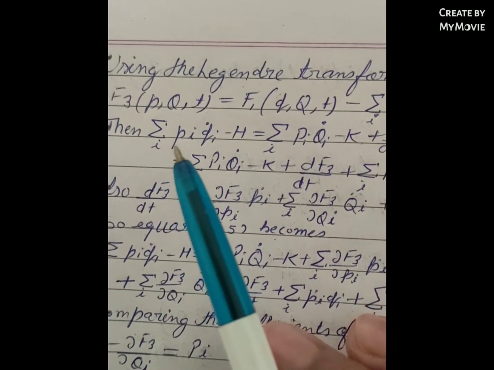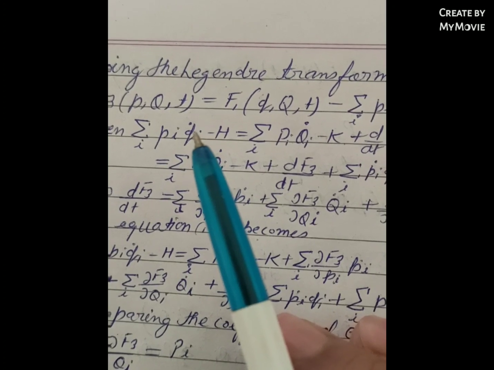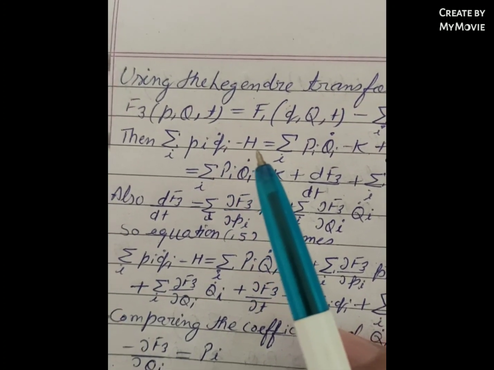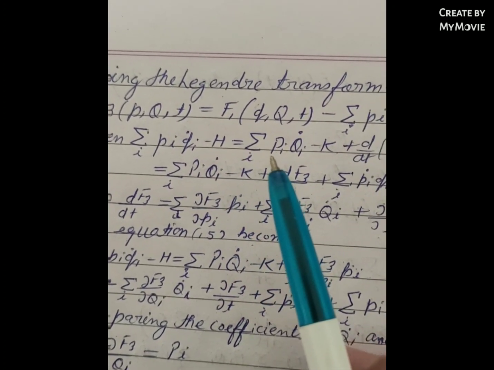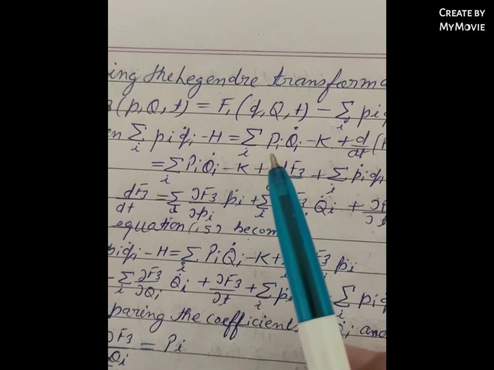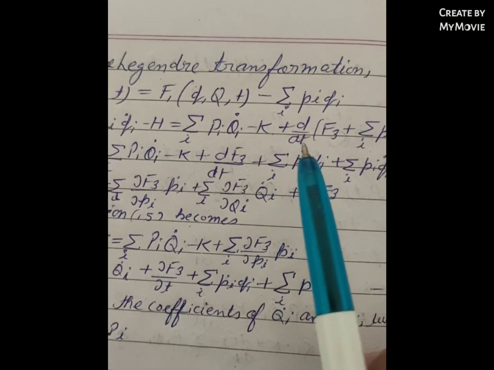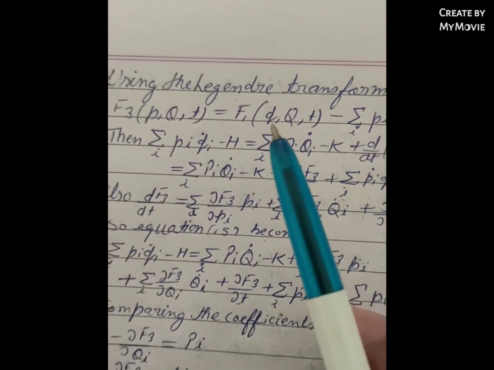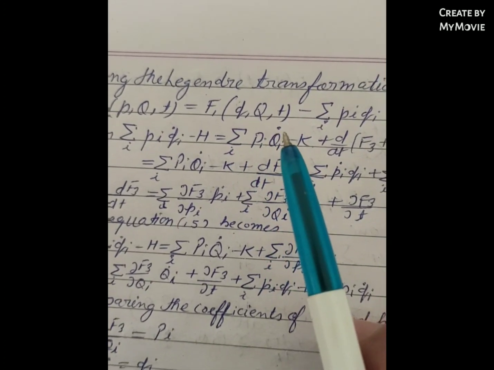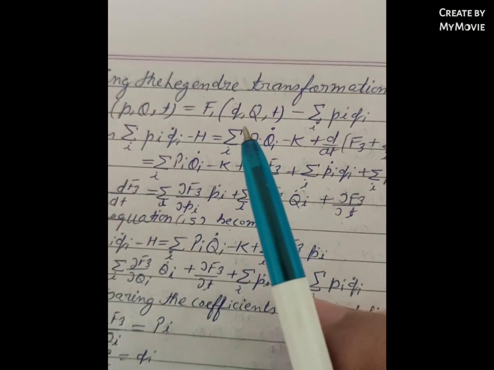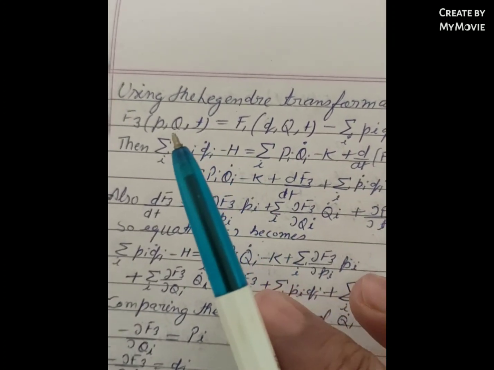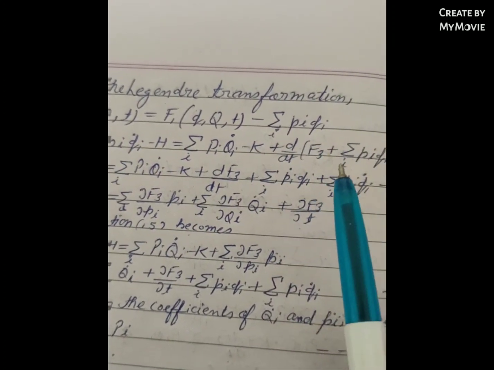Then sigma i pi qi dot minus H is equal to sigma i Pi Qi dot minus K plus d over dt of F1, substituting F1's value as F3 plus sigma pi qi.